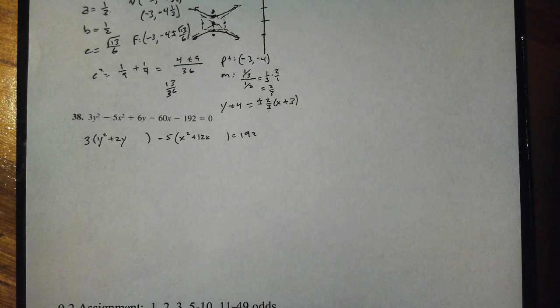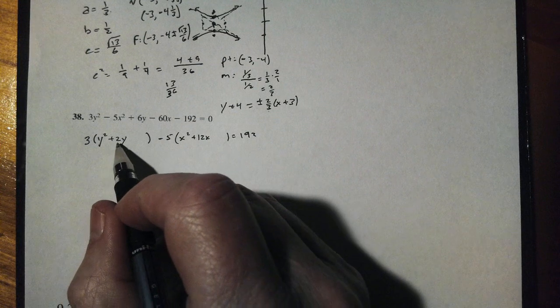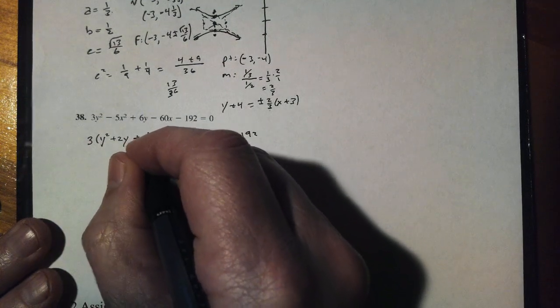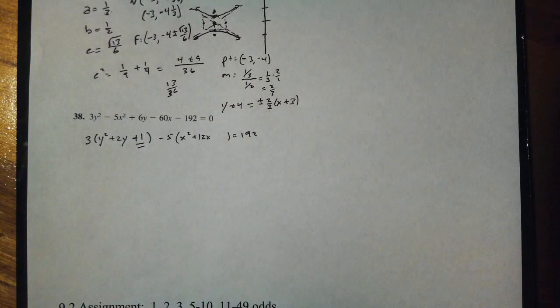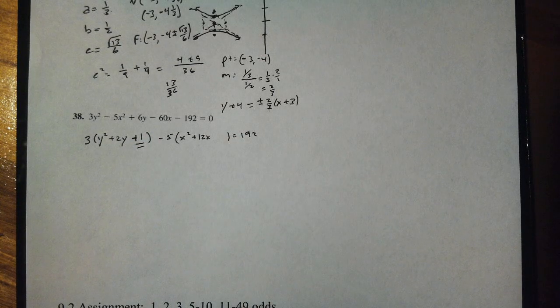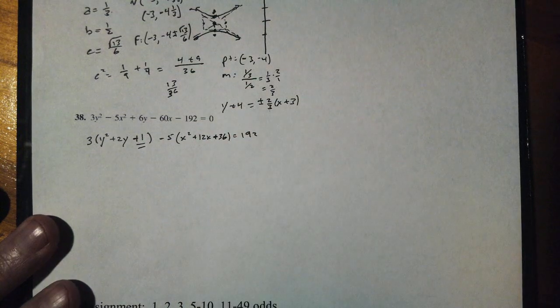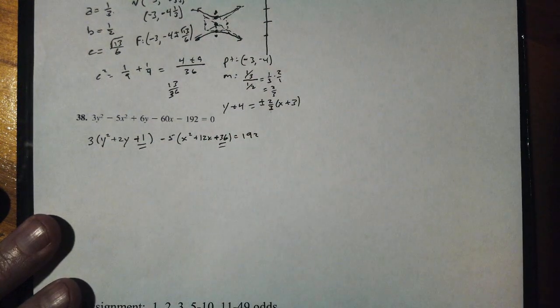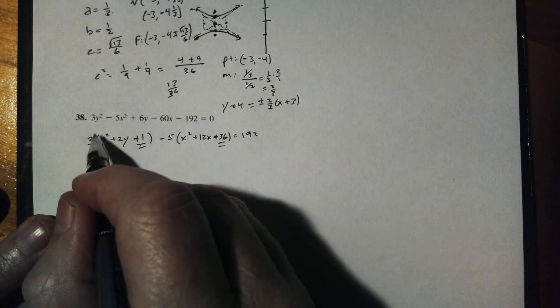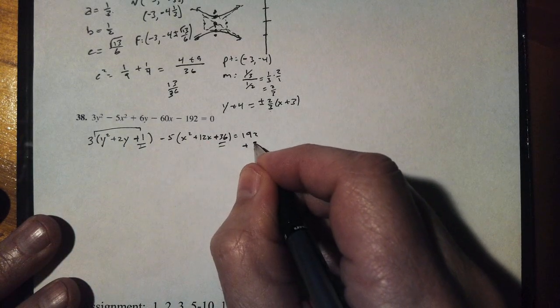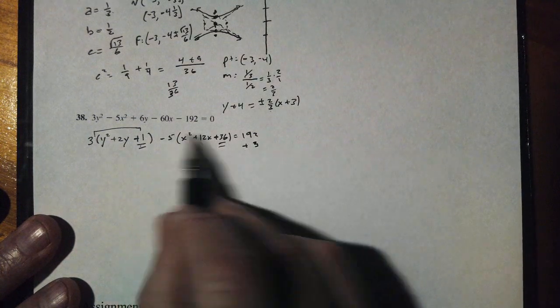All right, so we need half of 2, 1, squared 1, plus 1, but I just changed the value. We should be getting pretty solid at this. Half of 12, 6, plus 36, change the value. What did I really do here? I really added 3, and I'm working without a calculator here.